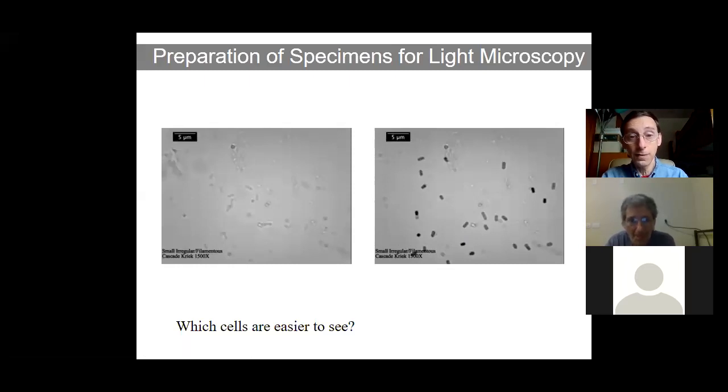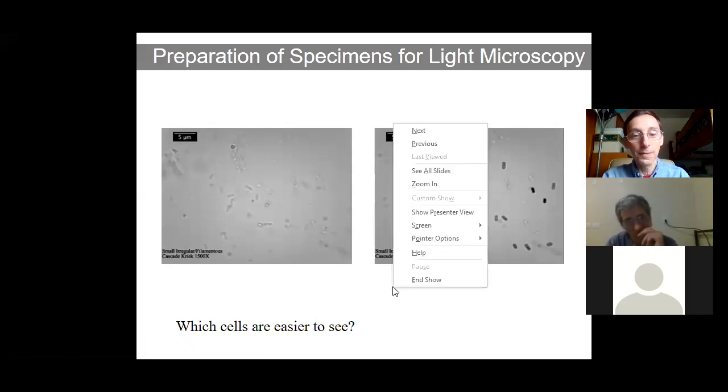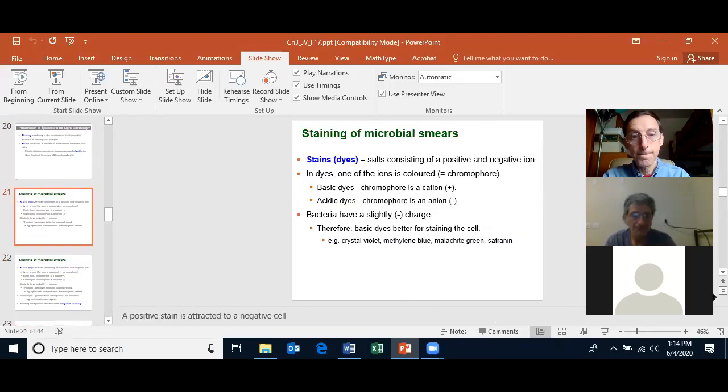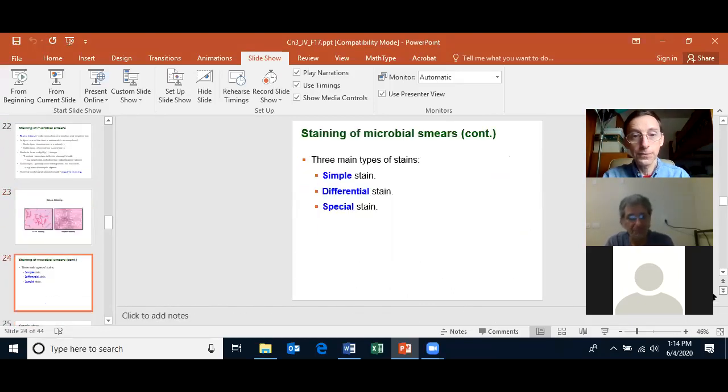And a stain, all it does is it increases the contrast between the cell and the background. And they're very hard to see on the cells on the left because they're unstained. And the cells look pretty close to, I don't know what you want to call it, the color or the optical properties of the background. And that's why we use the stain. All right, let's go to where the worksheet ends.